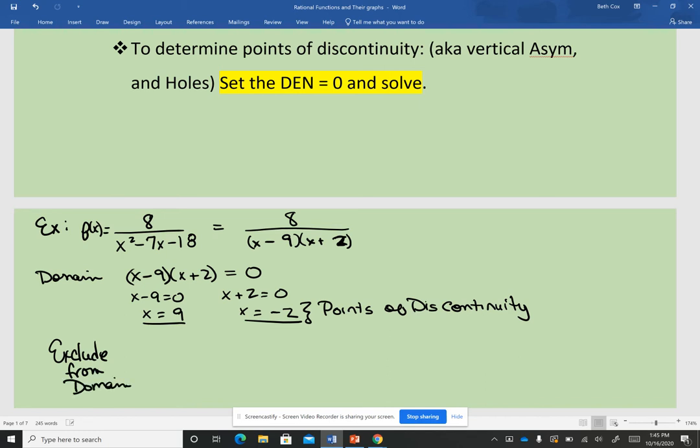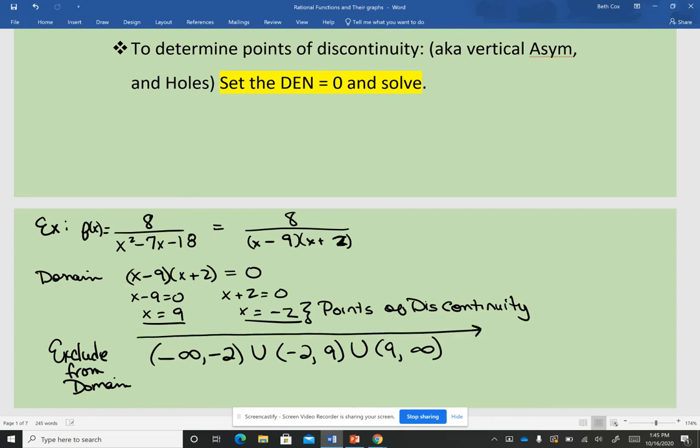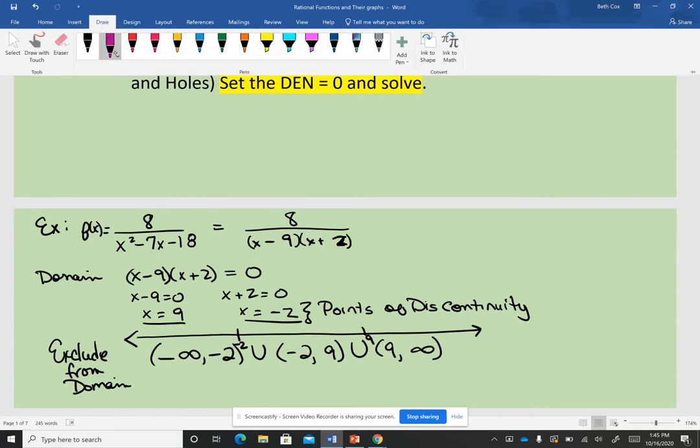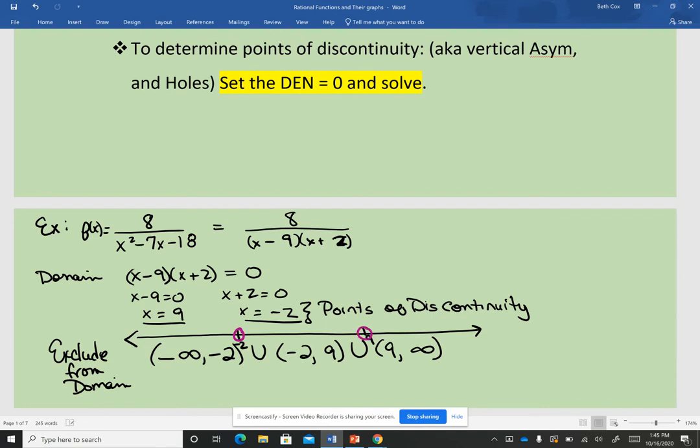So the domain for this would be negative infinity to -2, -2 to 9, and then 9 to positive infinity. If you're still struggling with that, remember the number line. If I draw a number line, and I have -2 on my number line and 9 on my number line, my domain is all numbers except those two. So I put a hole there and a hole there. My domain is all of these numbers, all of these numbers, all of these numbers.